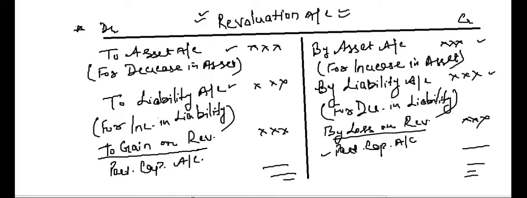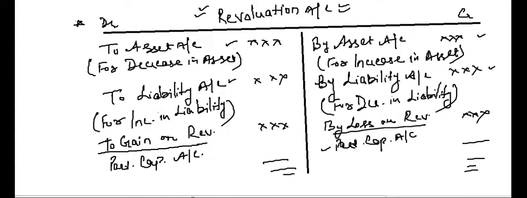Everything works on those three rules of journal entries. Remember those, and you will be able to prepare any account and pass any journal entry. So on that logic we will prepare the revaluation account.